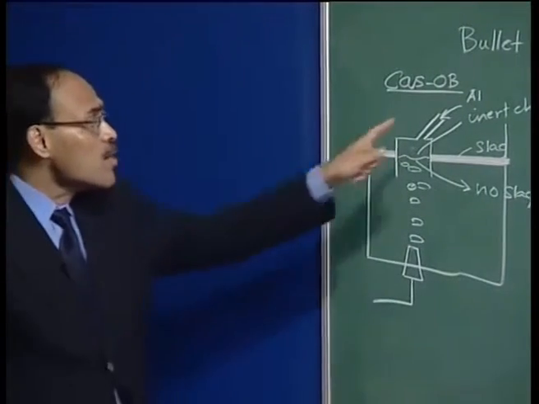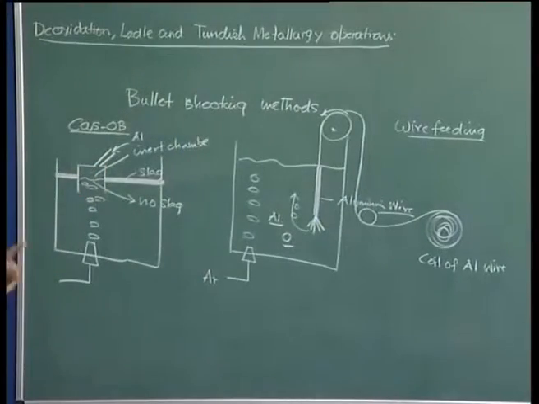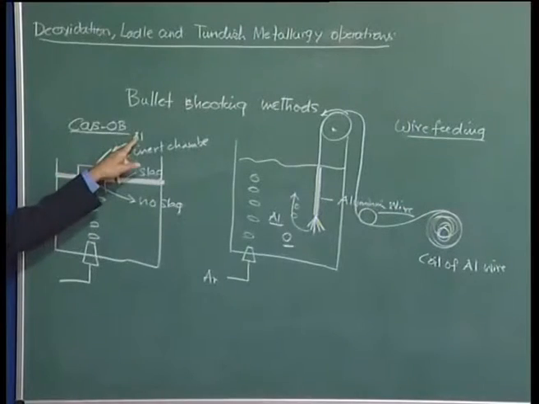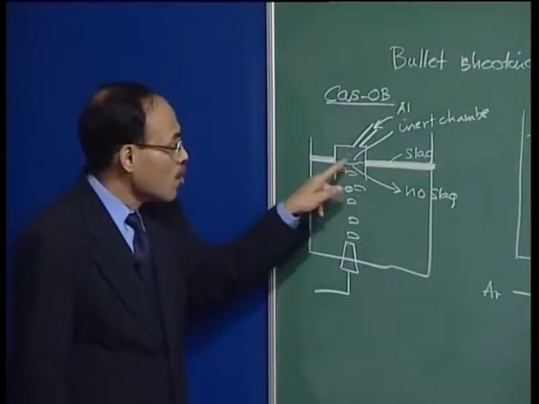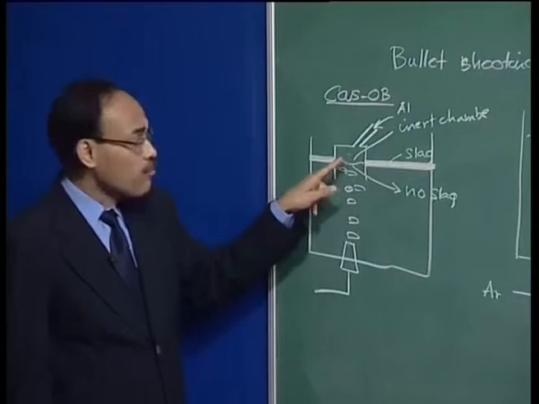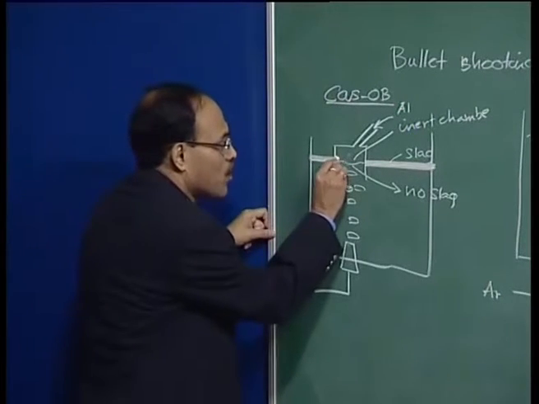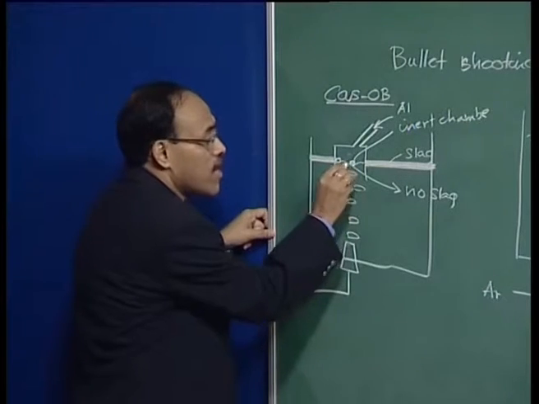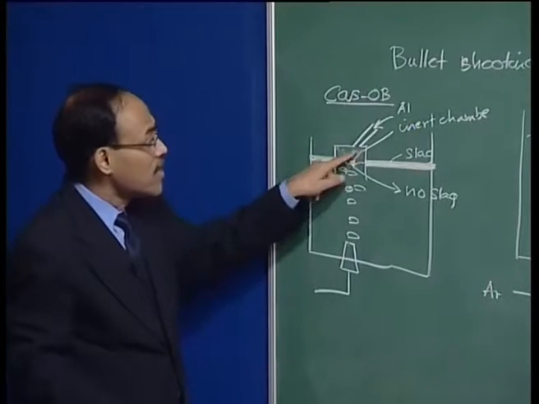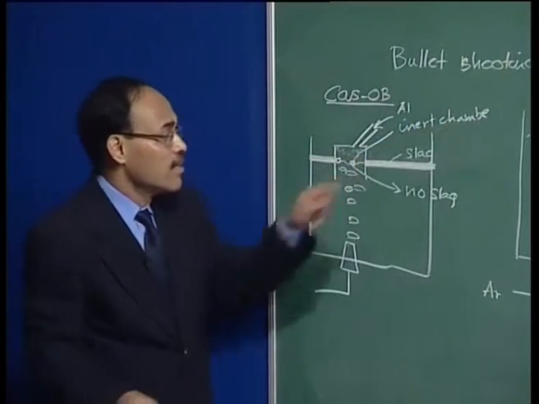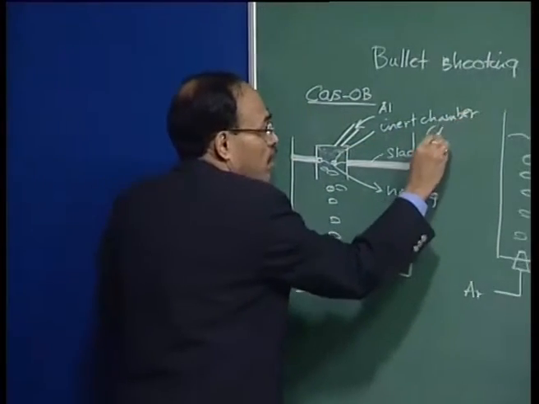Now, once we introduce aluminum through this, we must understand, looking at the figure, that aluminum will have no chance to come in contact with the slag, okay, and also aluminum, even though it might float on the free surface, we may see that the aluminum blocks are here really, okay, but because I don't have oxygen in the atmosphere, this environment is really filled up with inert gas or argon gas.